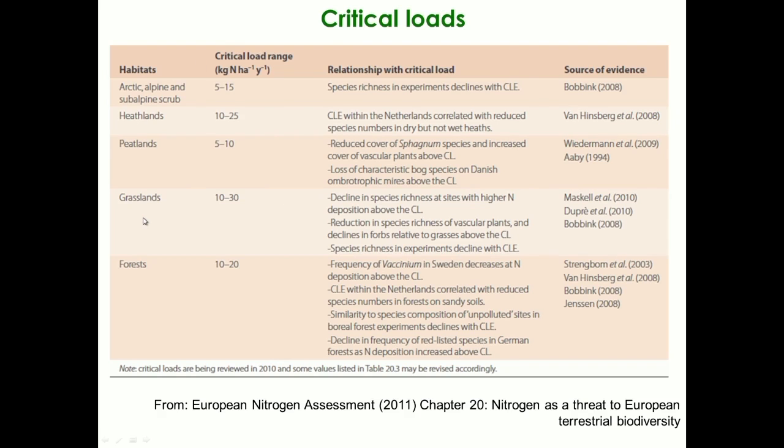So although all of these environments are sensitive to nitrogen input, there is differential sensitivity. And therefore, it's been proposed that there should be differential critical loads dependent on the environment where any agricultural activity is taking place.